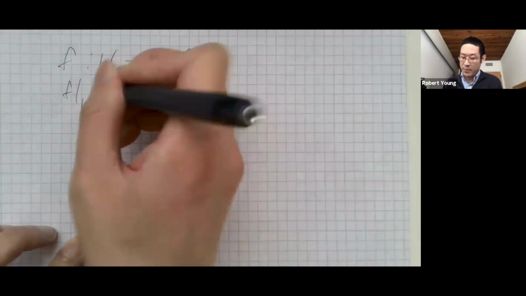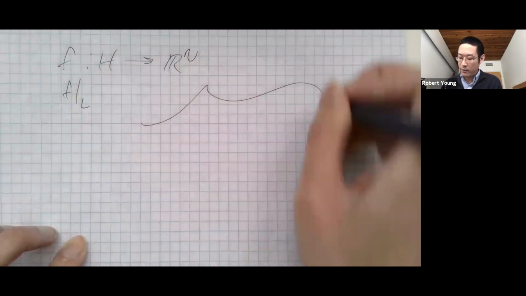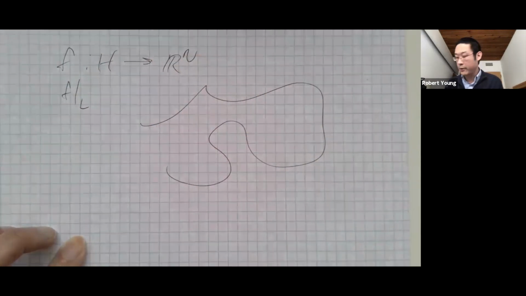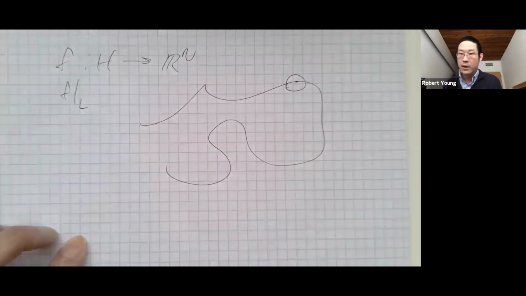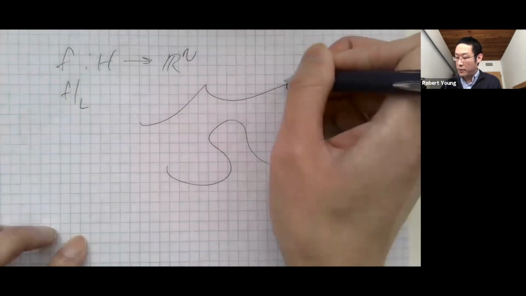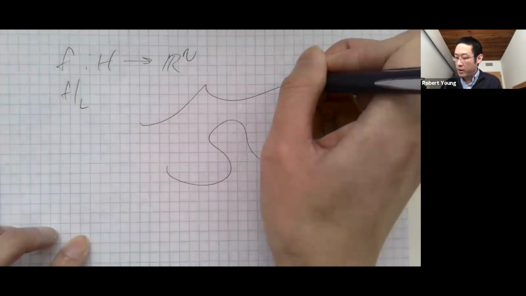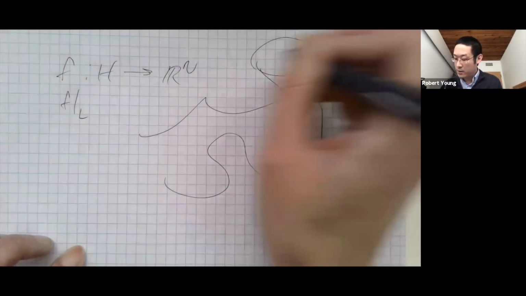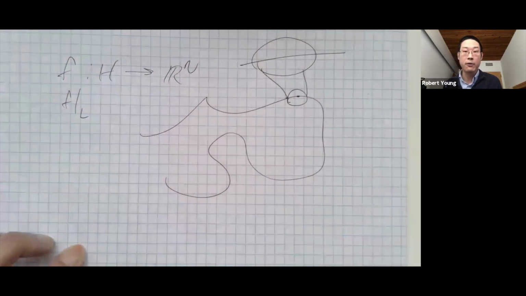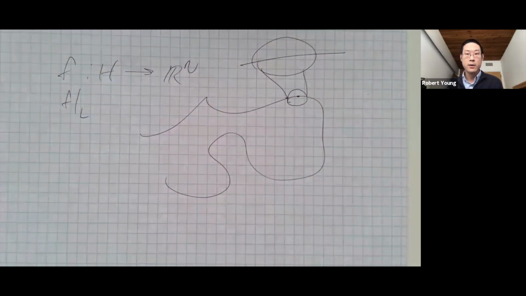This is going to be some Lipschitz curve in R^n. And by Rademacher's theorem, we know that a Lipschitz curve in R^n is differentiable almost everywhere. Near almost every point, we can blow up around that point, and we get something close to a straight line.